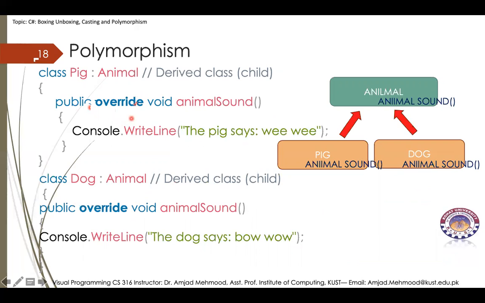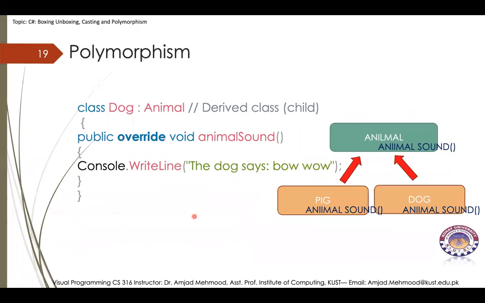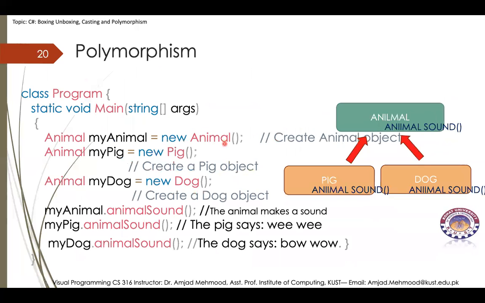Then the concept of overriding will be implemented. Here you can see the dog class is overriding the method animal sound, so this will be overridden. The pig is also overriding the parent method animal sound, and now the overriding will be done.